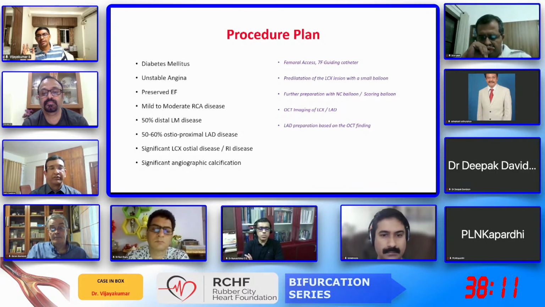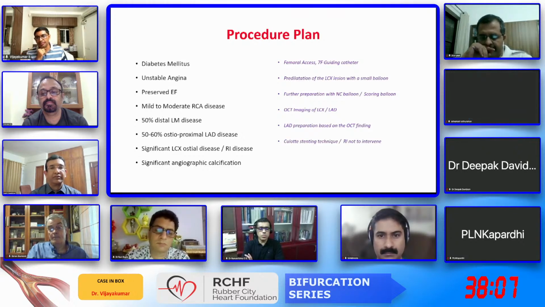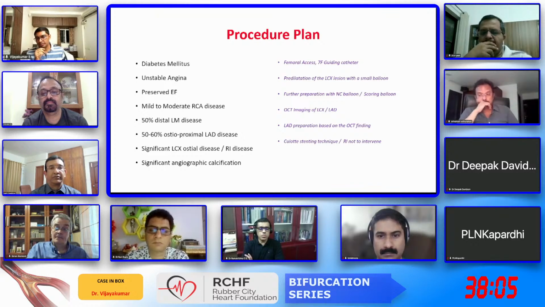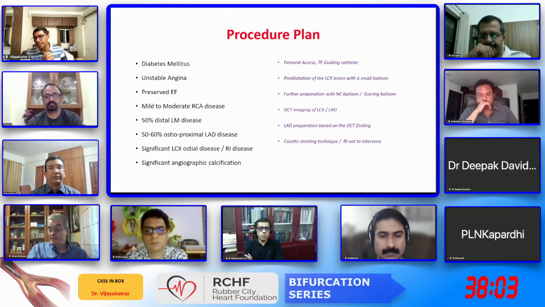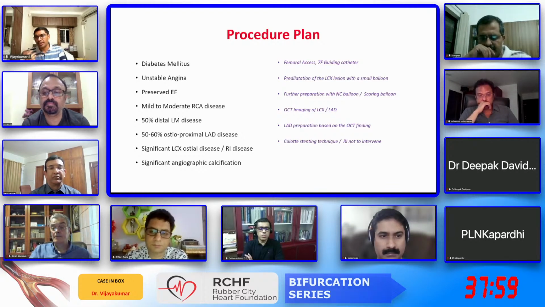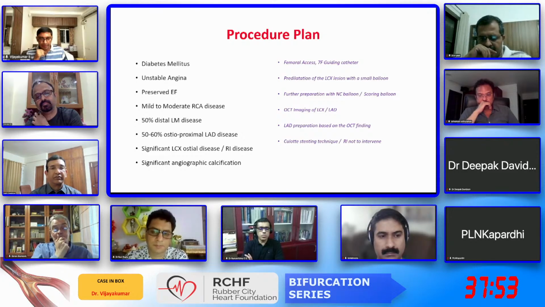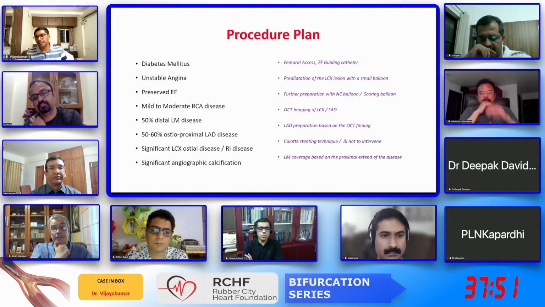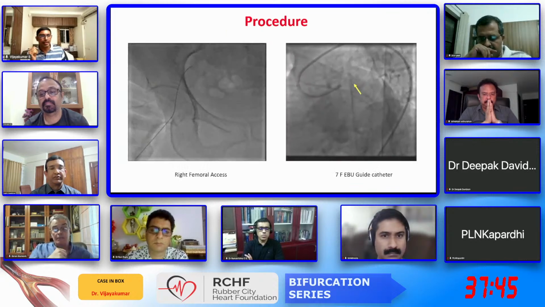If it is significantly narrowed, then we thought we should prepare with the scoring balloon. And if it is a two-stent strategy, Culotte was our stenting technique for this case. And as we already discussed, ramus intermedius is not a big vessel. To avoid complexity, we decided not to intervene on ramus intermedius. And the left main coverage, whether you have to extend up to the proximal left main or ostium, is based on the proximal extent of the disease.